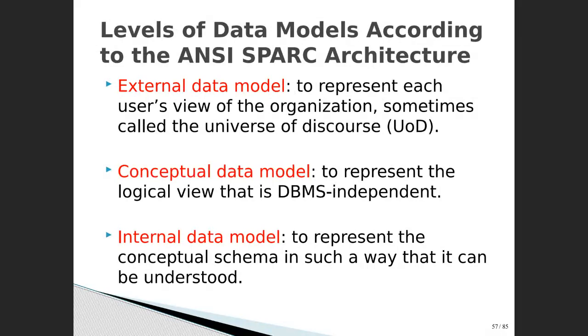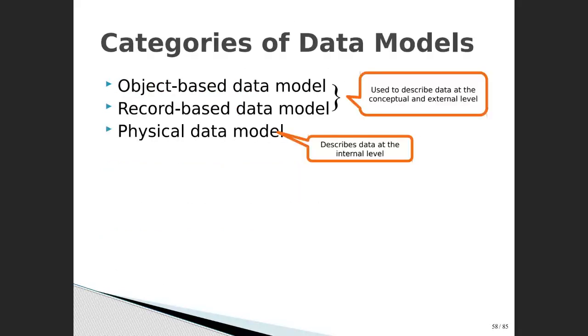Then we talked about external data model, conceptual data model, and internal data model. We gave examples here: object-based data model and record-based. Both are used to represent the conceptual and external levels, while physical will be representing data in the internal or physical level.